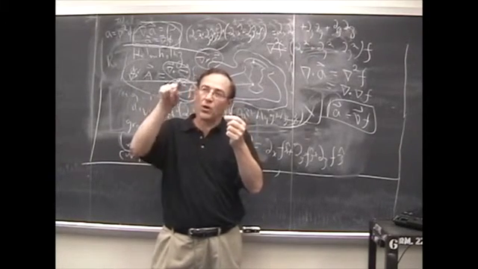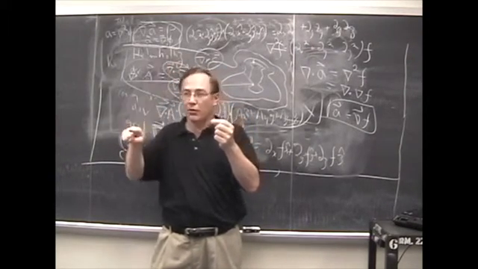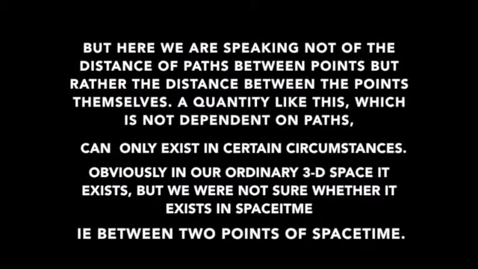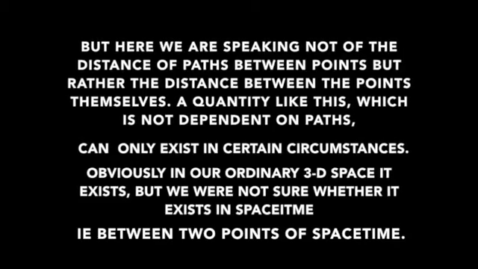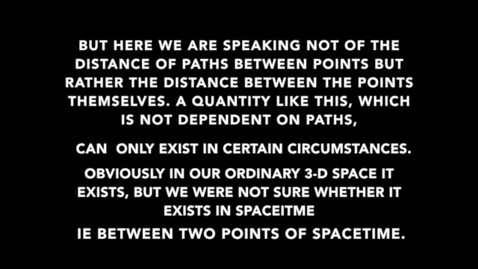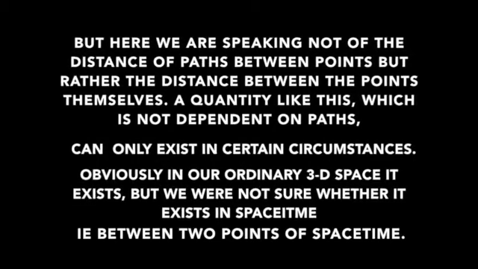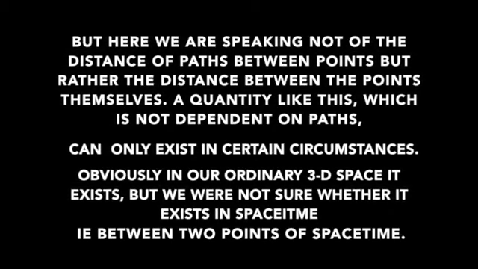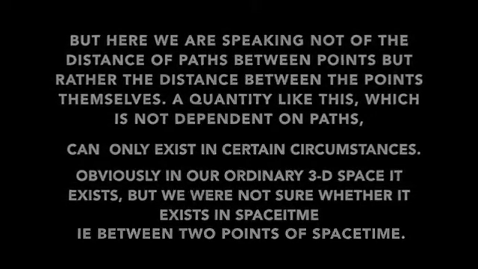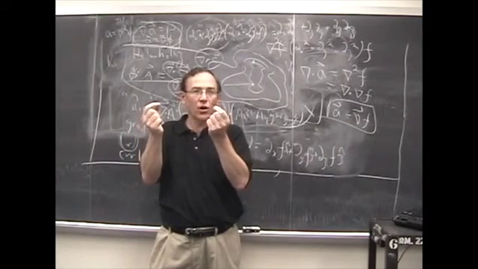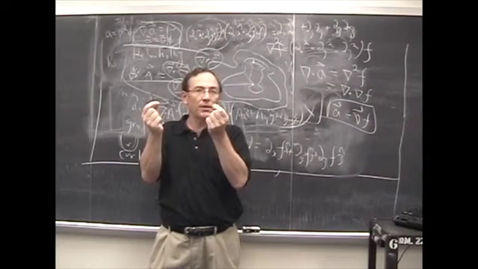Of course, if you go on a long path and you measure the distance of that path, it'll be longer. But it's a quantity that doesn't depend, it depends on the 2 points. It depends on the endpoints.